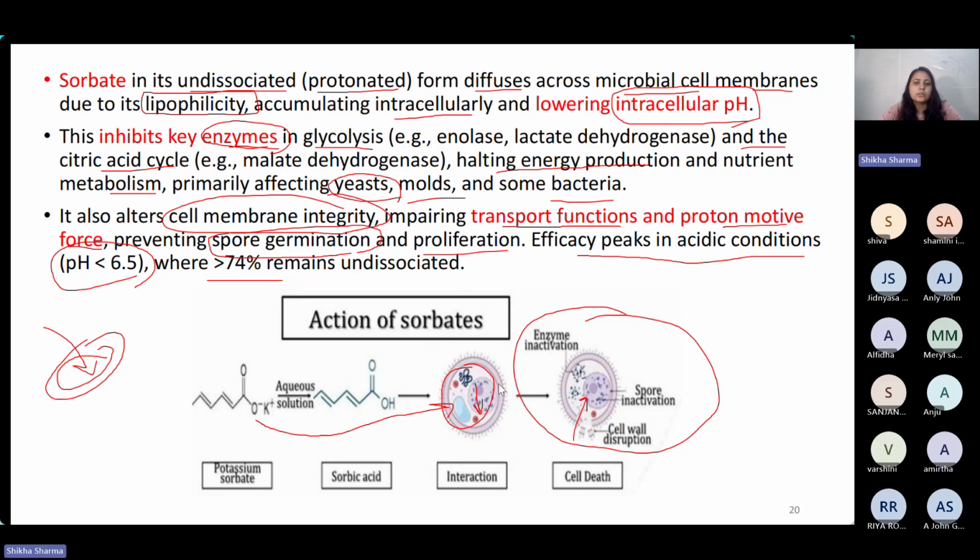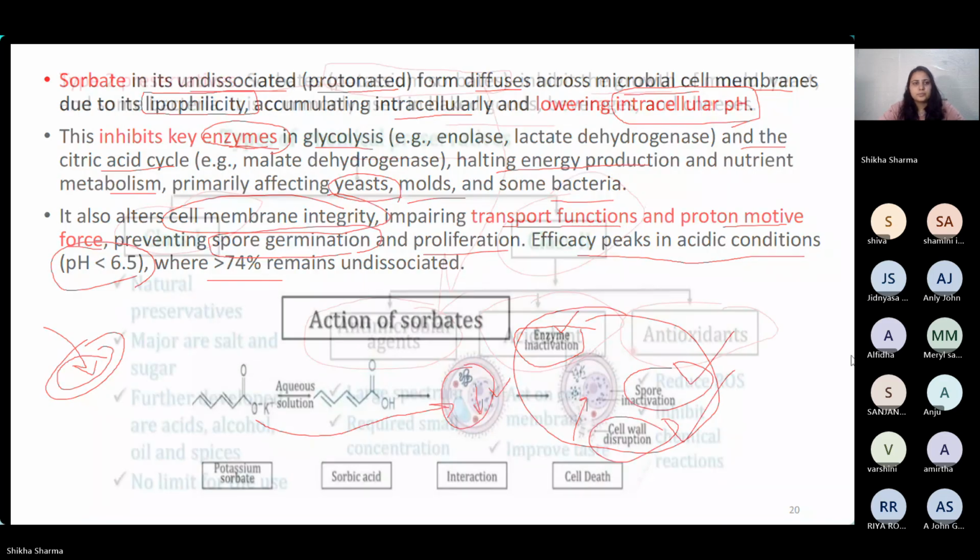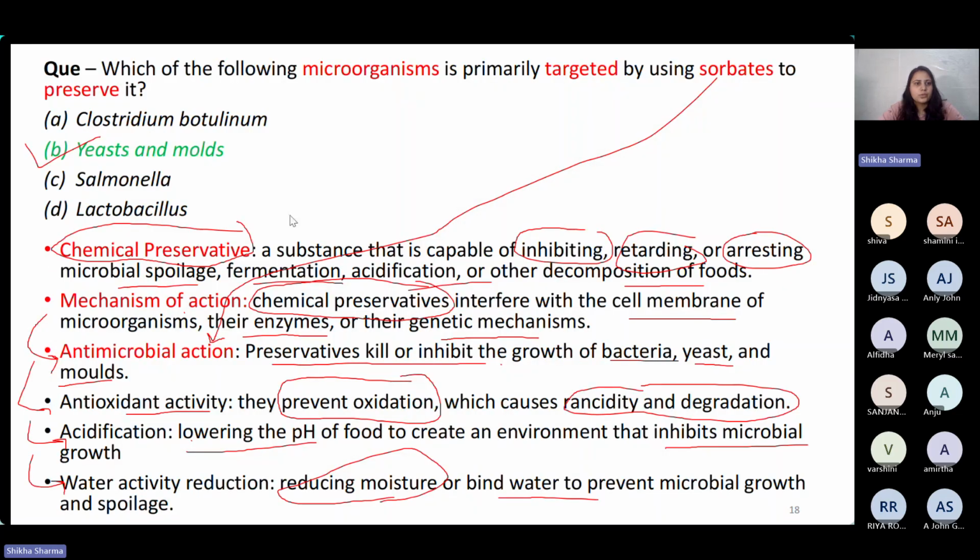Since the microbial cell pH is low, the cell will lose all the enzymes and important functions, and thereby cell death will occur because of enzyme inactivation, spore inactivation and cell wall disruption. So here yeast and mold is the correct answer.